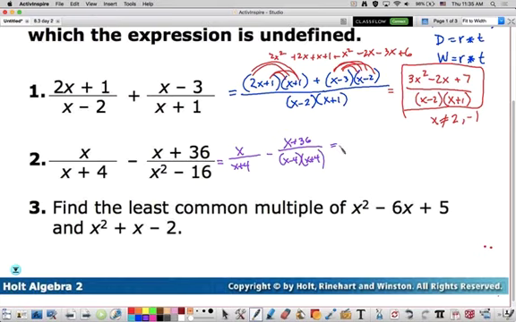The only thing I have to change is this one, so I have to multiply this. What's the special one I have to multiply by? Right, x minus 4 over x minus 4. So now x times x minus 4, subtract off x plus 36, and on the bottom you have x plus 4, x minus 4.